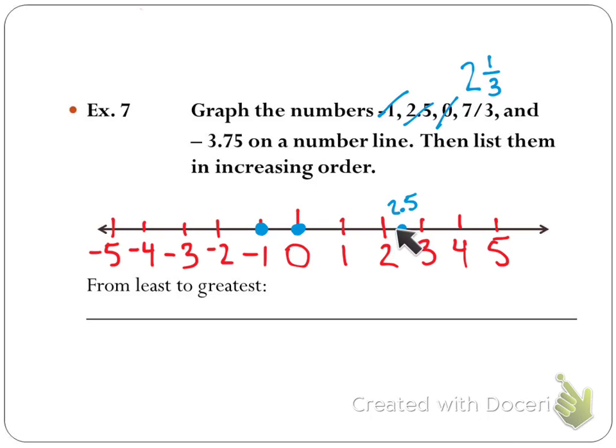Between the 2 and the 3. Should it go between the 2 and the 2.5? Closer to the 3 or closer to the 2? Closer to the 2. Very good. So we're going to have a couple points very close together here. So we have another point in there, which is the 7/3.